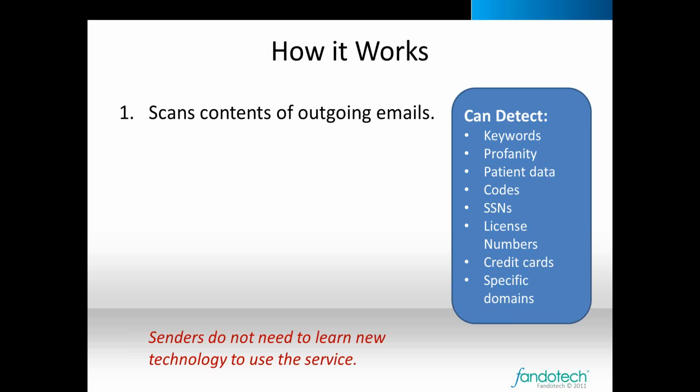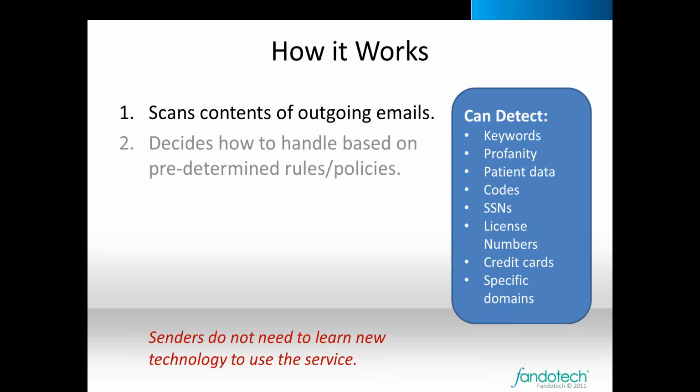There are ways of doing it so that the sender does not have to; it can happen in the background. In other words, it happens automatically, and that's by looking at other content. So for example, as we talked about, maybe the system is going to scan that email, and it's going to look for certain key things. For example, it may look for a credit card number. It may look for a Social Security number.